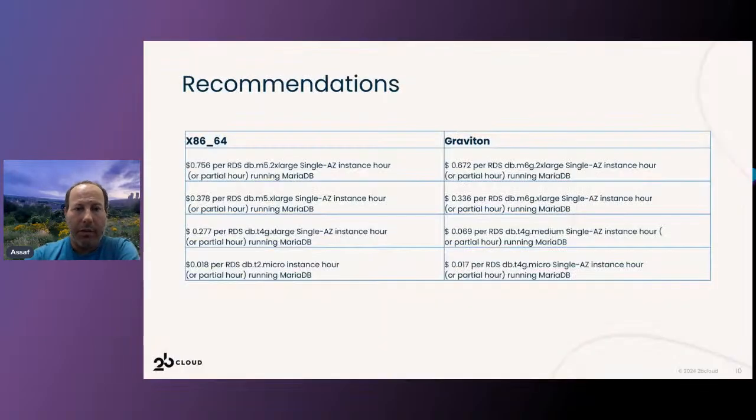Cost impact. This is the status of the instances the customer was using previously and the forecasted cost for the Graviton migration. You can see specifically the differences between the M5 2xlarge and the M6g 2xlarge that the customer was deploying.